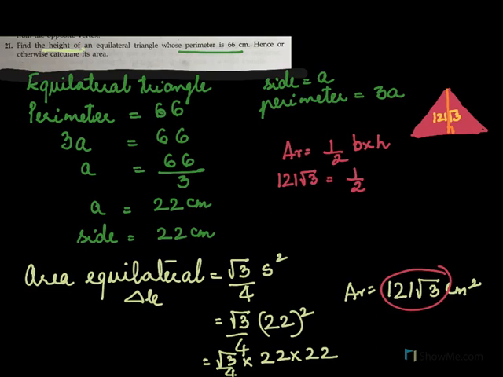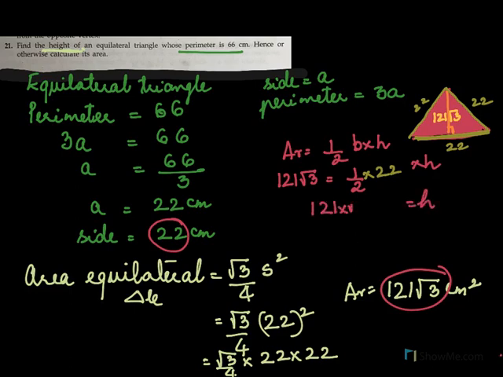All the three sides are 22, so our base here is 22. And we need to find our height. So your height will become 121 root 3 into 2 over 22. And if you work this out, your answer will be 11 root 3. So the height of that triangle is 11 root 3.